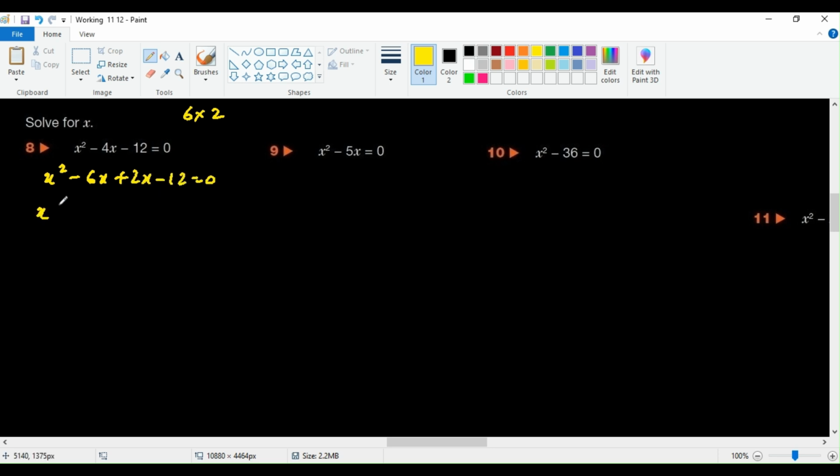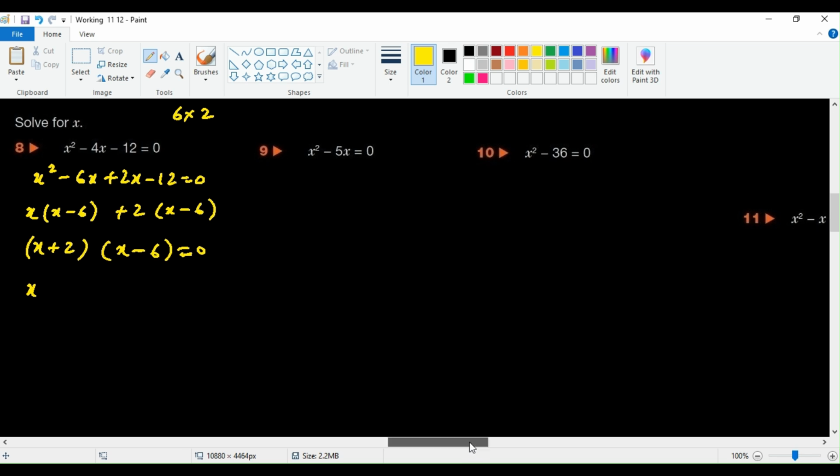That means x minus 6 comes in the first bracket, copy down once again, and plus 2 will be here. So (x plus 2)(x minus 6) equals 0. That means these two are the factors to get this equation.